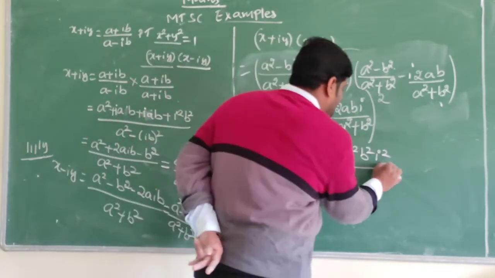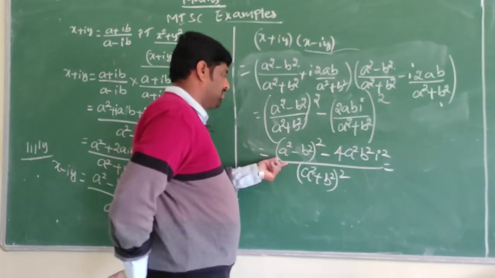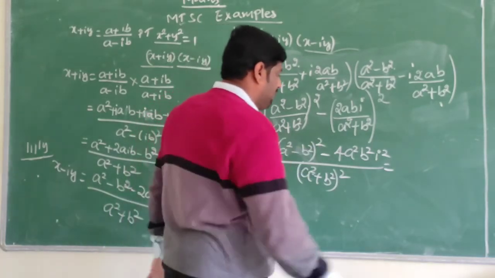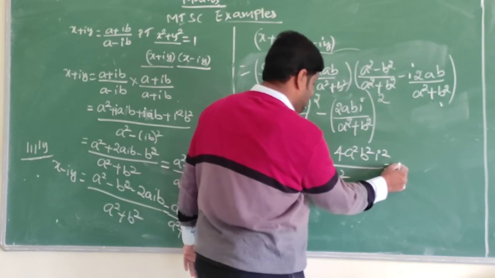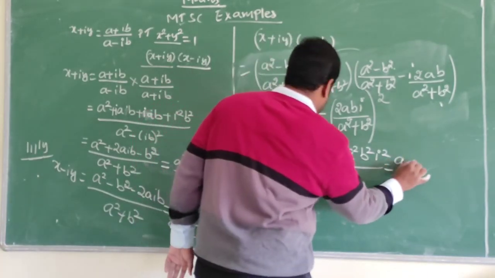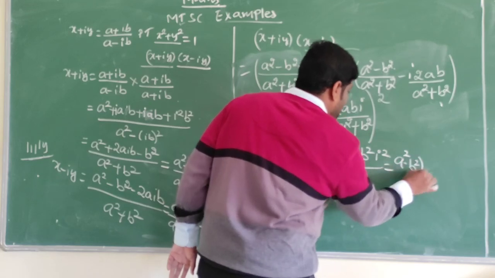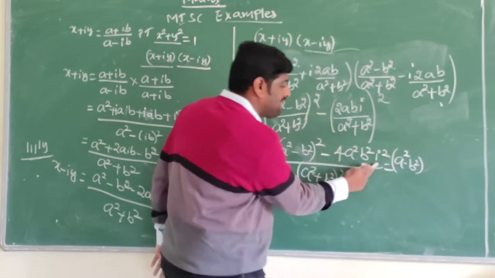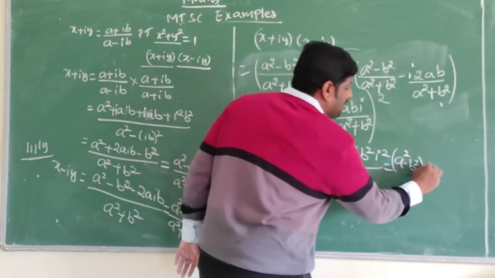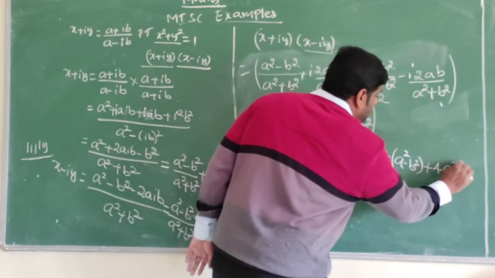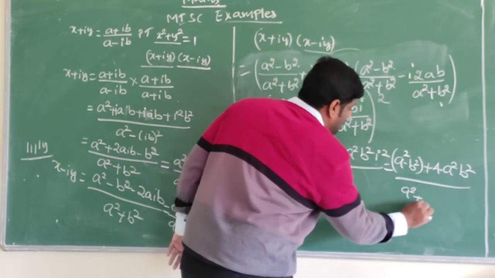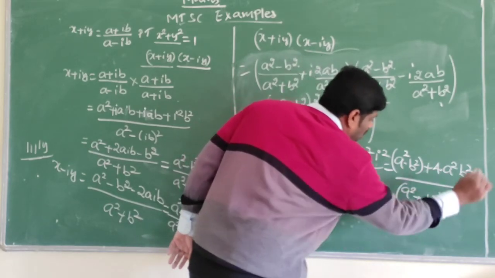And again, (a square minus b square) whole square is of the form (a minus b) whole square. That is a square minus b square, minus, so here i square is minus 1, minus into minus is plus, that is 4 a square b square divided by (a square plus b square) whole square.